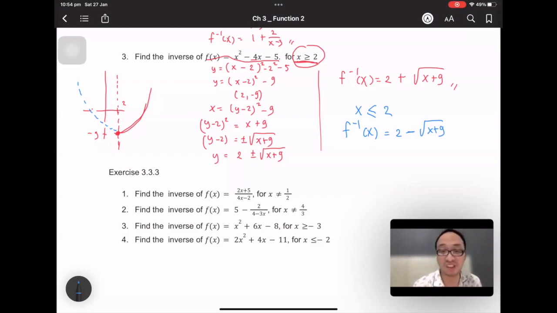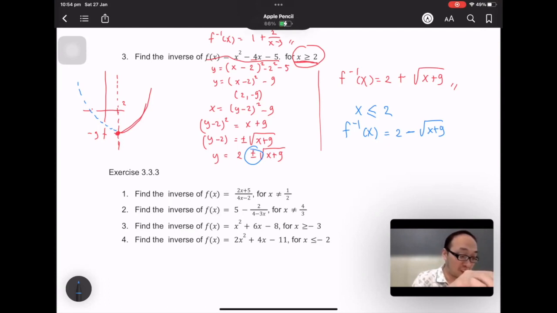If it's greater than a number, it will be positive. If it's smaller than a number, it will be negative. So you have to choose. You cannot leave your answer as plus or minus, because the quadratic function should have one inverse function, since it's a one-to-one function. You have to consider this.